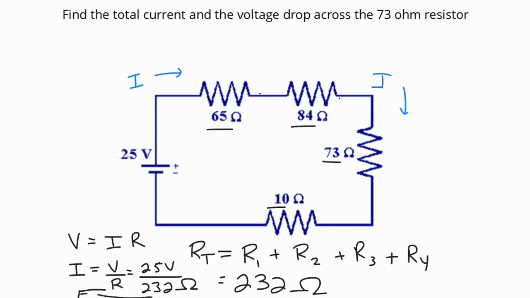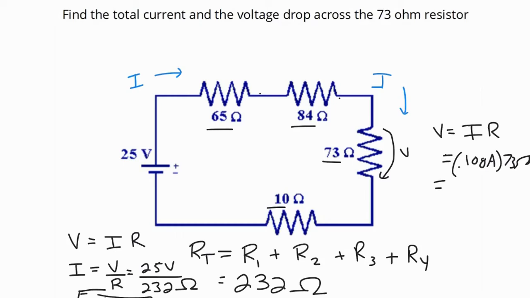If I want to find my voltage drop across this resistor, then I have this equation. My voltage is equal to current times resistance. So my current, I know, is 0.108 amps, and the resistance across this one is 73 ohms.